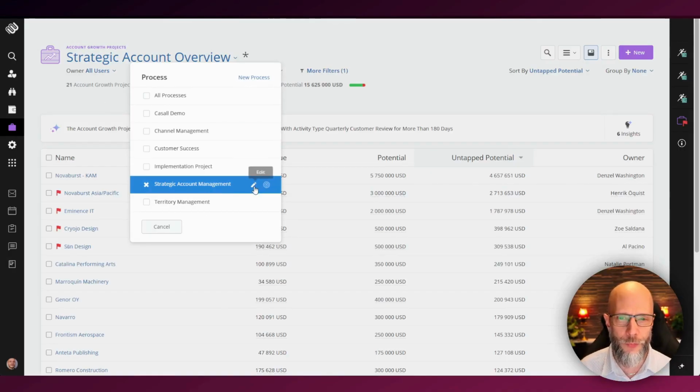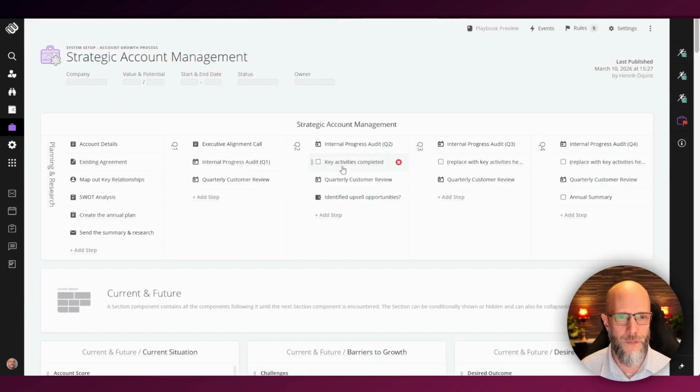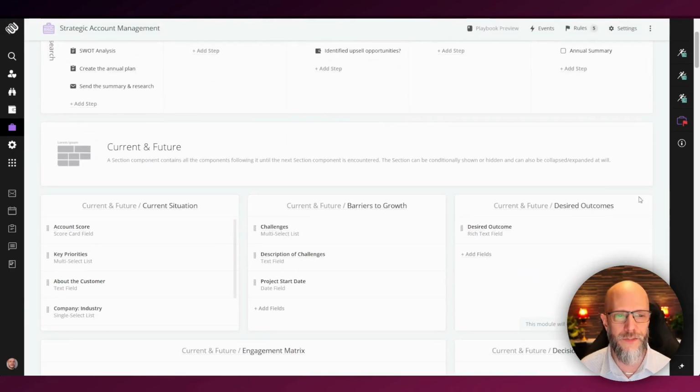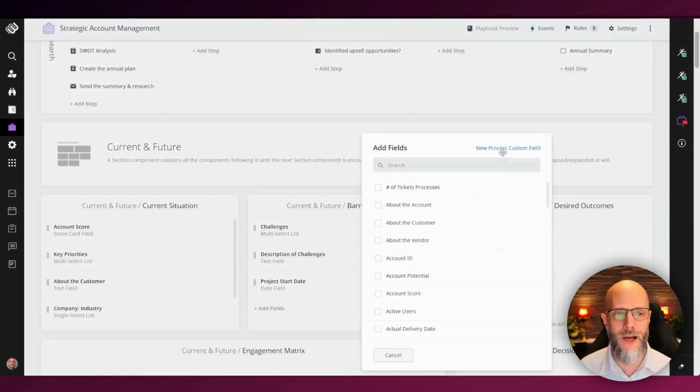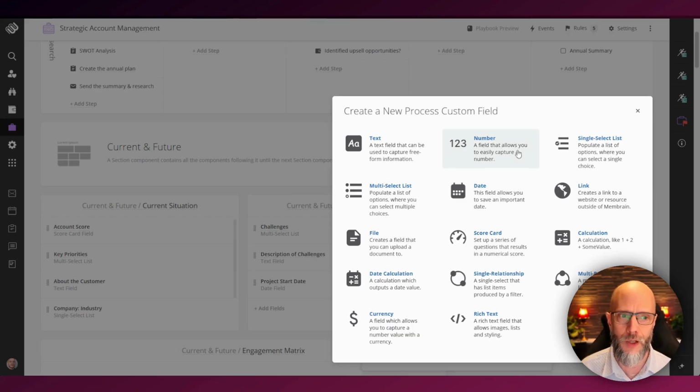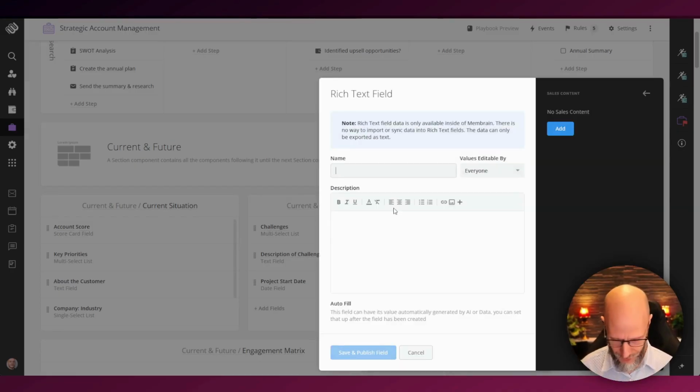But I'll go into the process editor. I'll scroll down, and in, let's say, the desired outcomes box, I will add a new custom field. I'll make it a rich text field, so we can have some bullet points and images if we want to, and just say potential description, or explanation, or something along these lines.